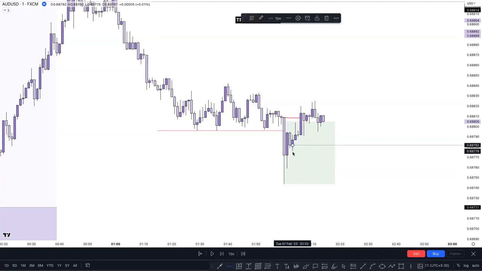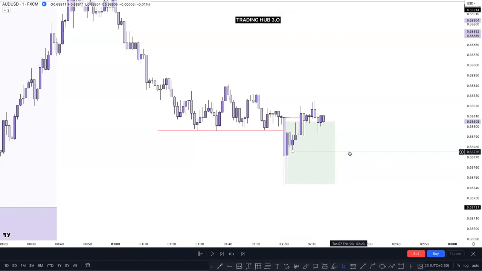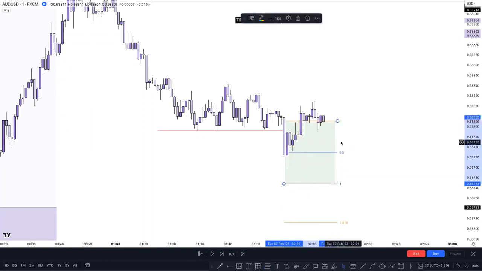Like this is just a refined shadow here, an unmitigated shadow here, and you can take one more, where is Fibonacci? This one. You can take 50% of this move here, and this one. Why am I taking this one?